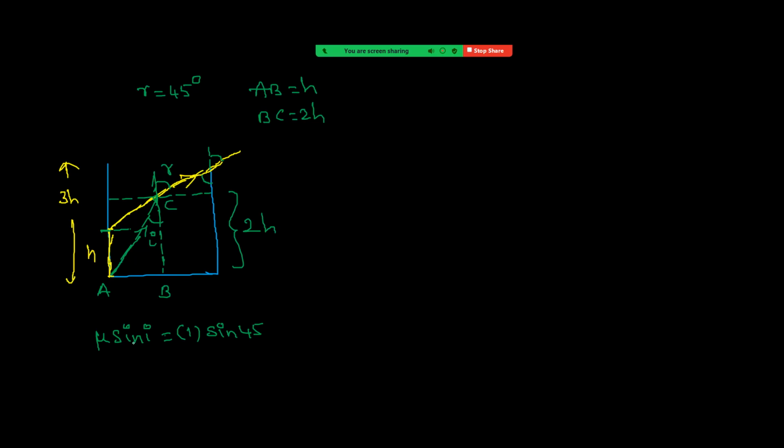So we want the sin i value. Sin i means AB, that is h, over the hypotenuse AC, which is the square root of h squared plus (2h) whole squared, because BC is 2h and AB is h. So this is 4 plus 1, 5. This is root 5 into h.